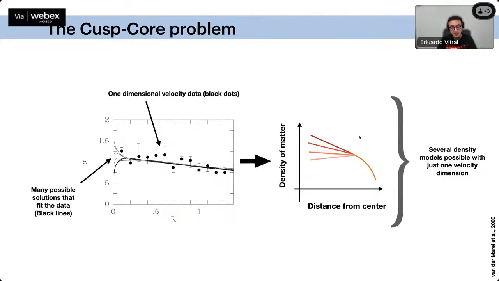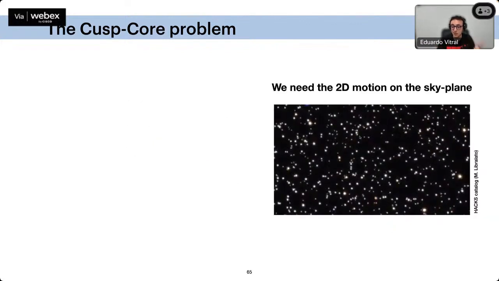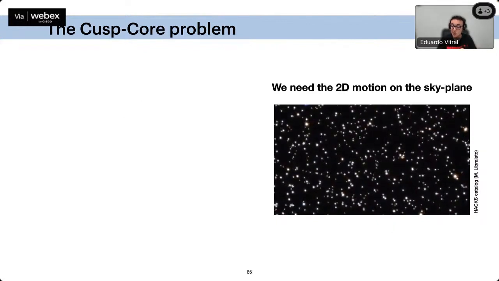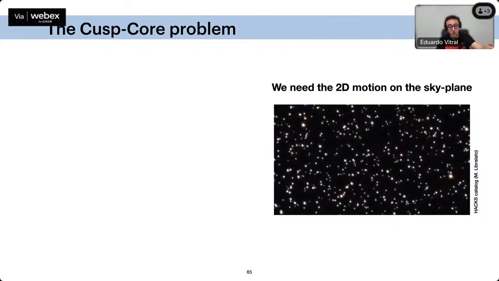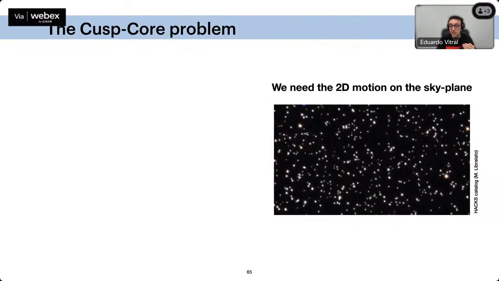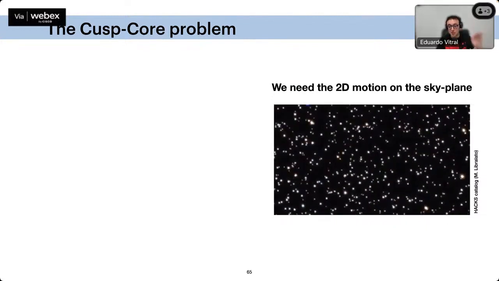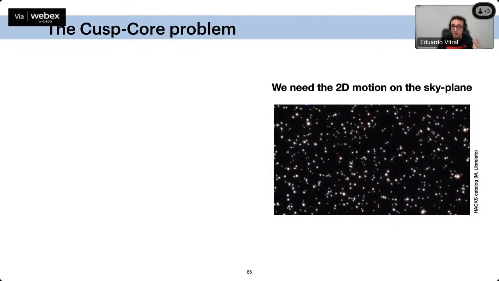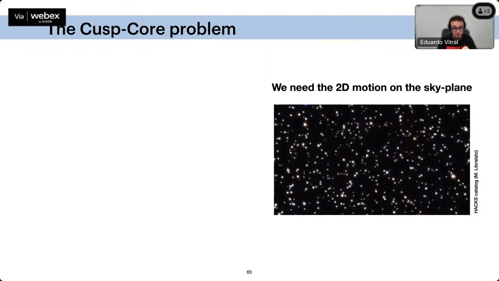But the reality is that just one dimension is never going to be as good as actually measuring the full thing and having the full picture of what you're observing. And in order to get these other dimensions, what we have to look at is not this back and forth motion, but actually the motion transverse to the plane of sky, these two extra dimensions that we can observe.